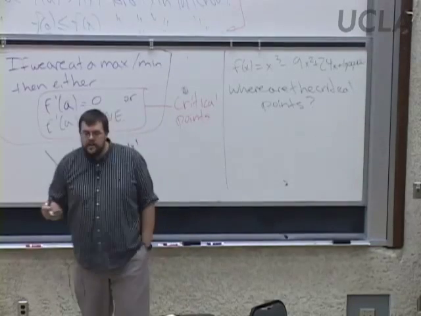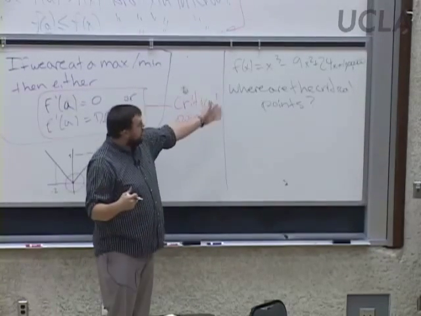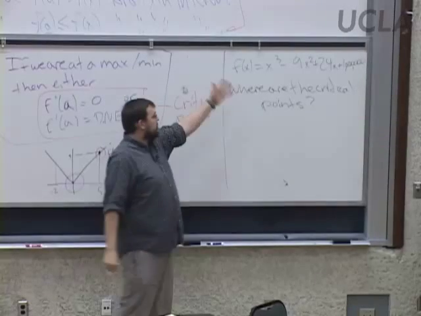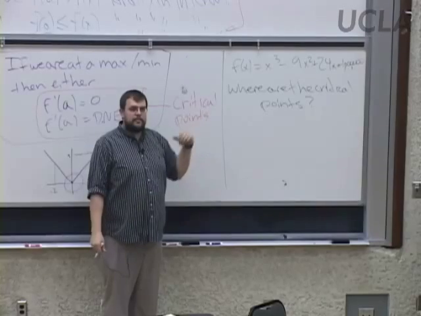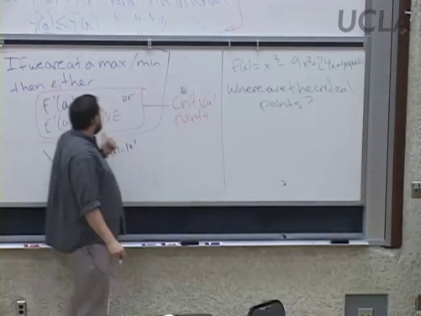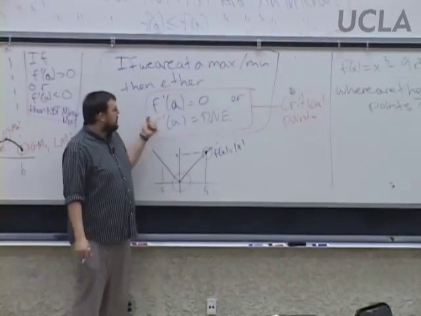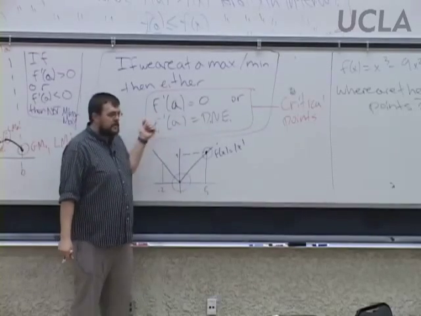So if I give you a function, in this case, x cubed minus 9x squared plus 24x plus 1,000,000, and I ask where are the critical points, what's the first step? Take the derivative. Because the critical points have to do with the derivative. We look for where the derivative is 0 or where it's undefined.